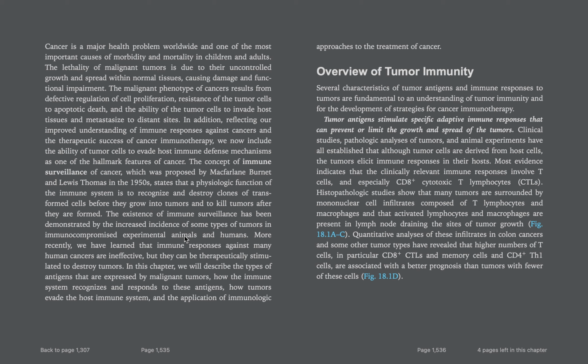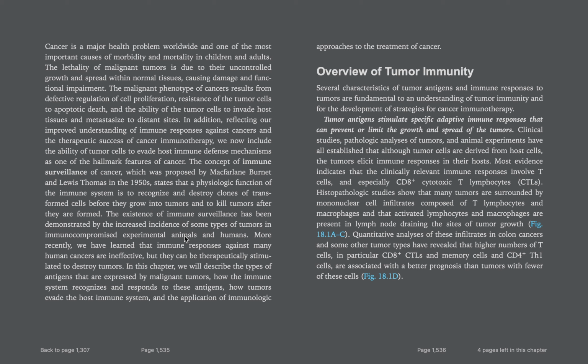So cancer is a major health problem worldwide and one of the most important causes of morbidity and mortality in children and adults. The lethality of malignant tumors is due to their uncontrolled growth and spread within normal tissue, causing damage and functional impairment.